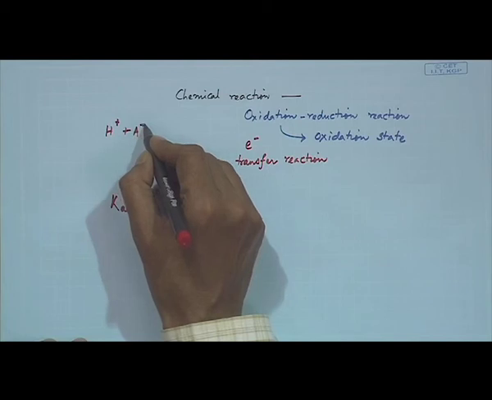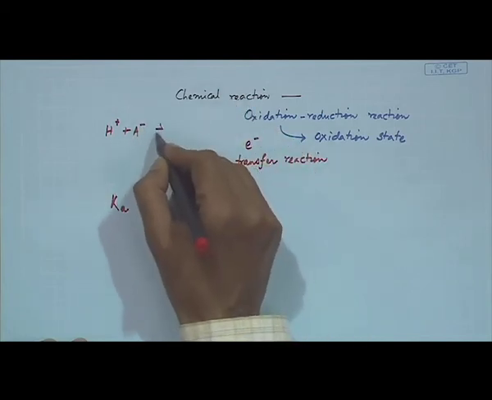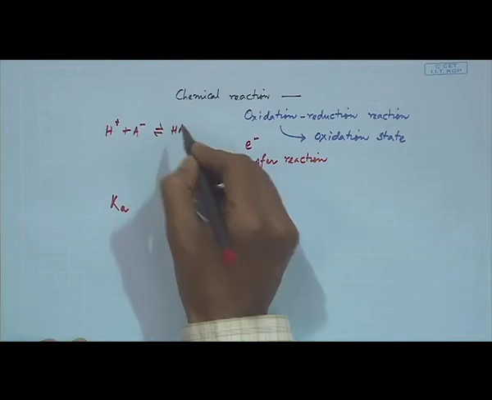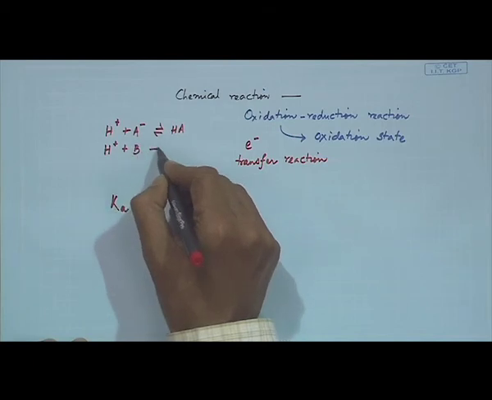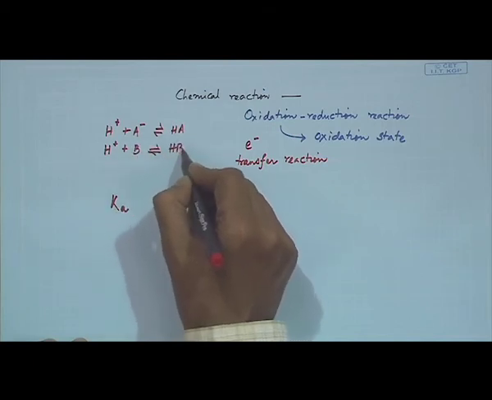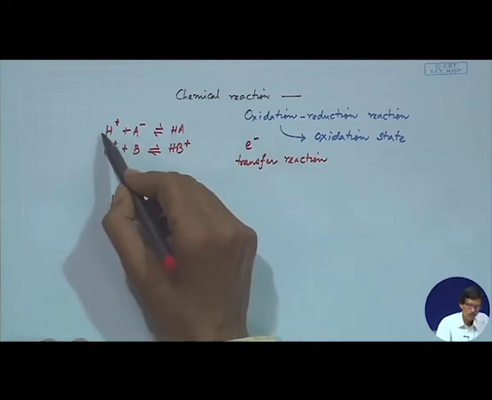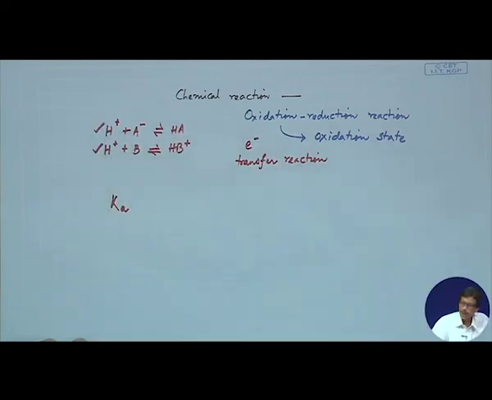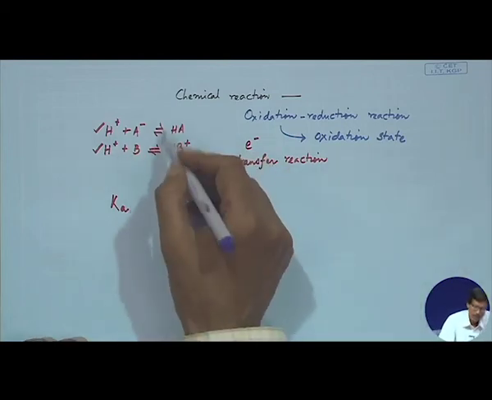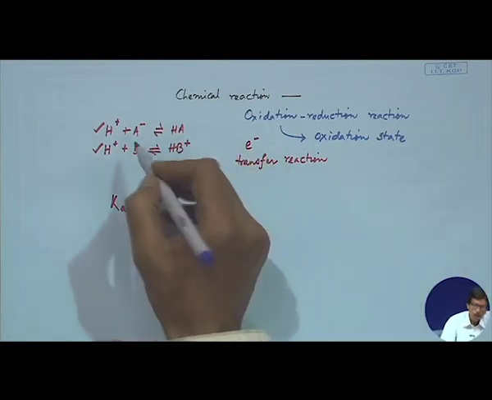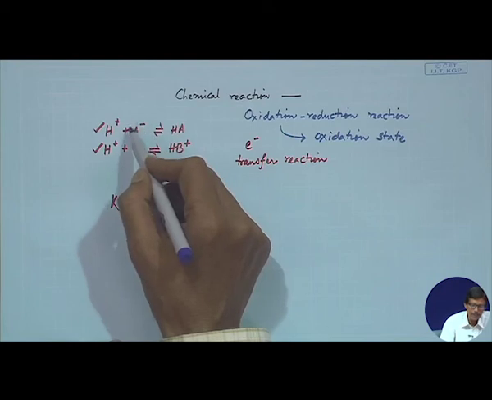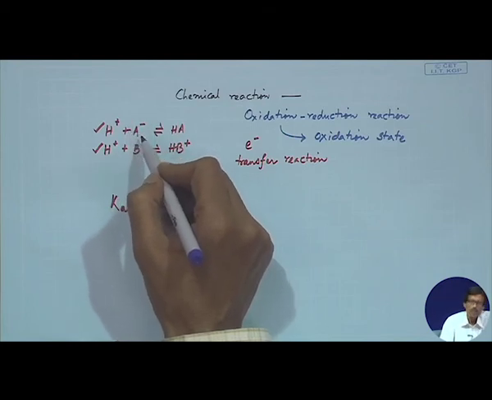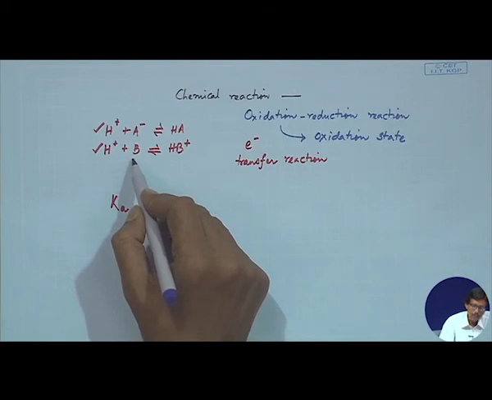Suppose we have H plus and A minus forming HA, and similarly H plus reacting with a simple base forming HB plus. These two H plus are common, but we can have two different equilibria, where one involves the conjugate base, for example the acetate ion from acetic acid, or the other involves a simple base like ammonia, trimethylamine or triethylamine.